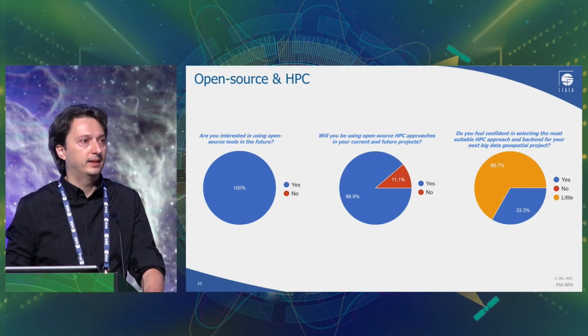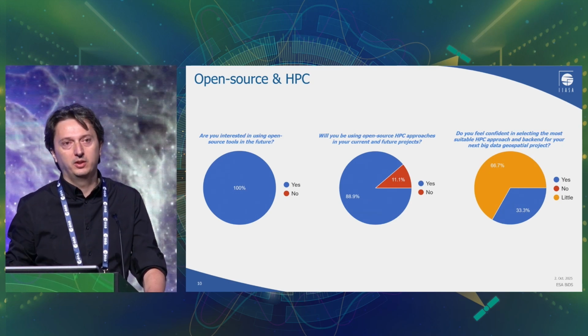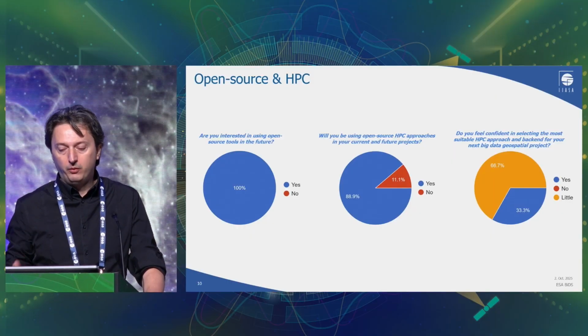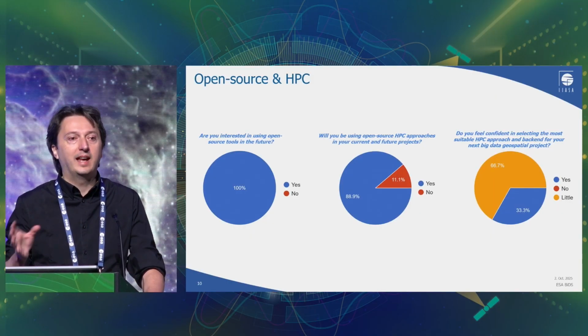And every third actually said that they are, after the hackathon, confident to select that. Two thirds of them were less confident. So they still didn't say no, they are not confident. We cannot say it is a fully successful story, but at least we moved most of them so that they got some idea about the landscape.